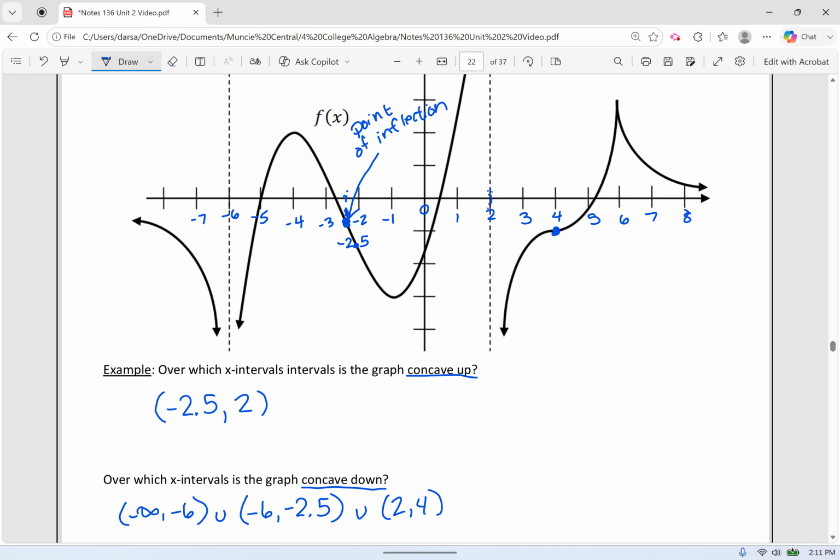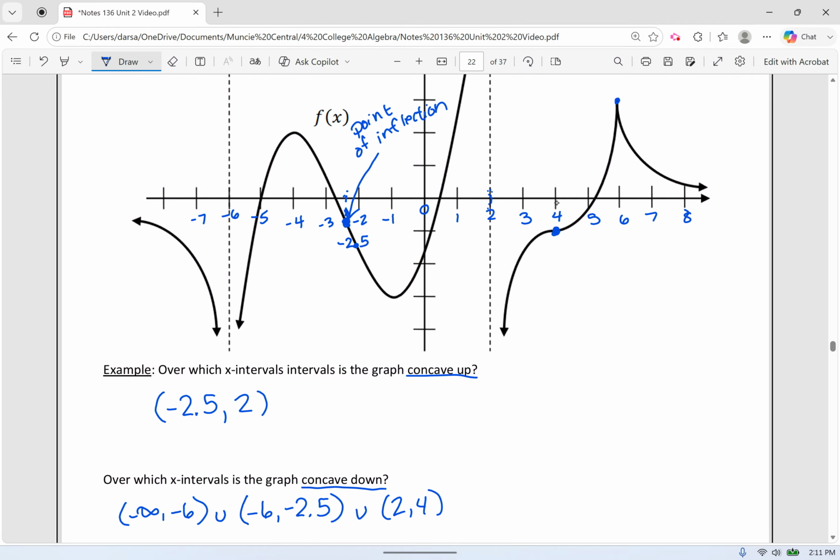And then this last bit is a little bit interesting. So from 4 to 6, and then from 6 to 8, it's all concave up. But what about this spot right here? Is that a point of inflection? Does it switch from concave up to concave down at that spot? No, it doesn't. So we do not need to break here.